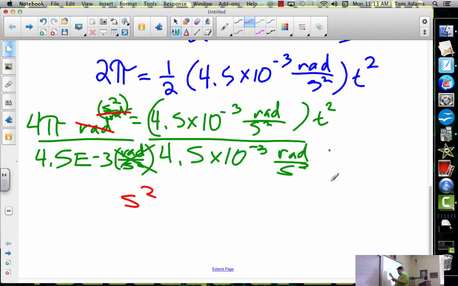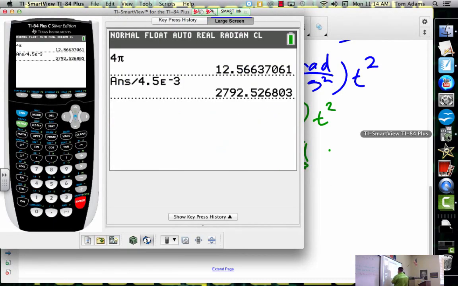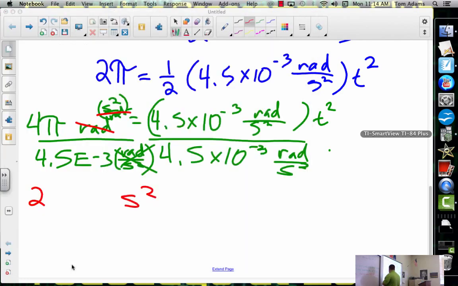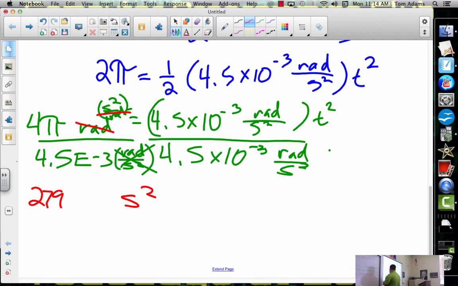It's 2792.53, and that's equal to t squared.